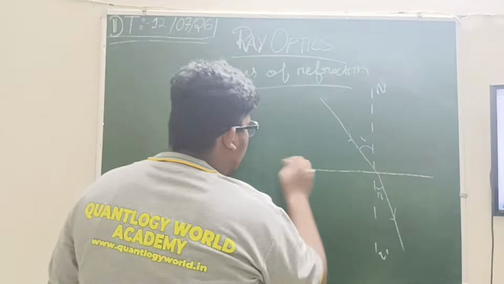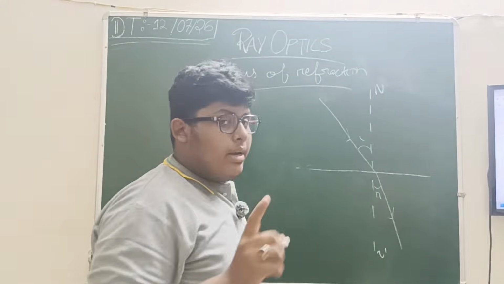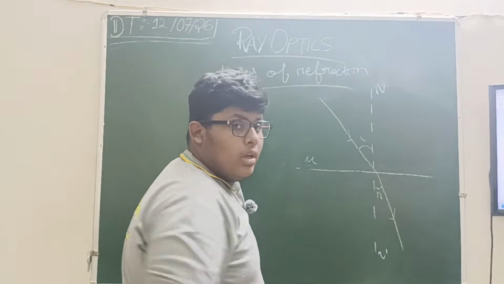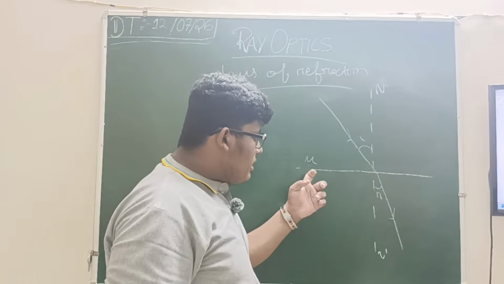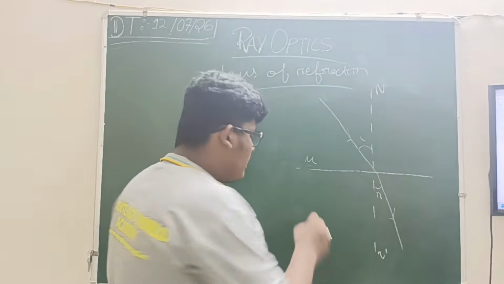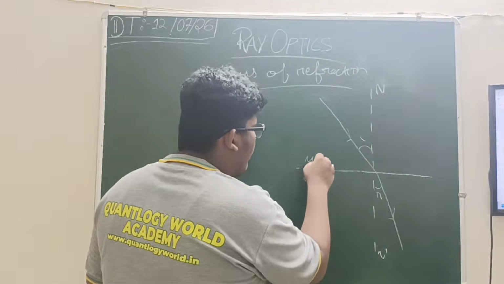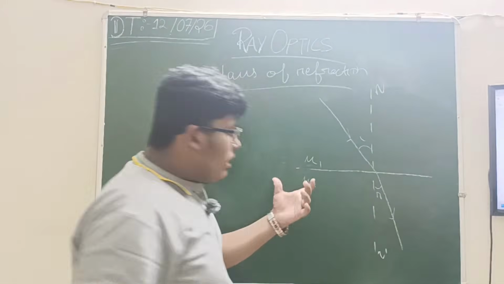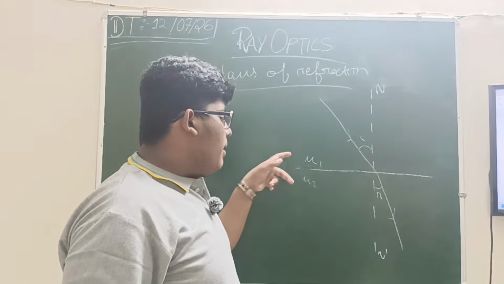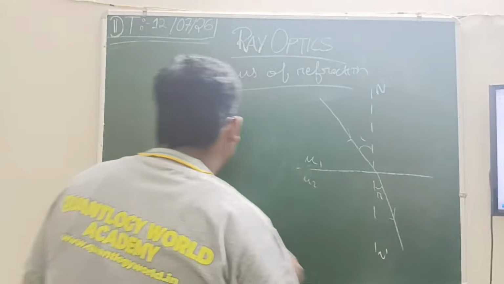Let's say this is medium 1. Medium 1's refractive index is mu 1. This is medium 2. So the refractive index is mu 2. We denote refractive index by letter mu or n.